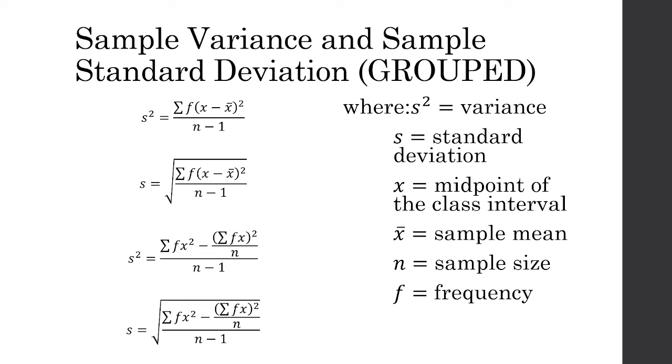So as you can see here, nadagdagan lang naman siya ng F or frequency nung sa first set natin dun sa ungroup. And as you can see here, same scenario, we have two sets of formulas here.